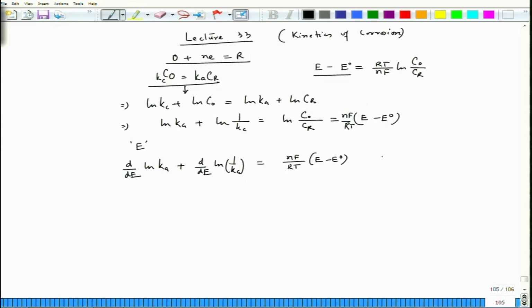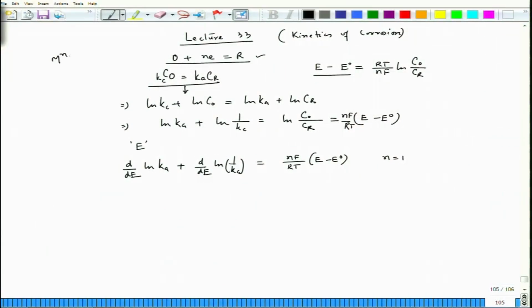And if we consider that n is 1, that means for this particular reaction the number of electrons participating to reduce one ion of oxidant to the reductant, in the case of M^n+ plus ne equal to M, is basically one ion of M^n+ being reduced to M, which is the reductant.